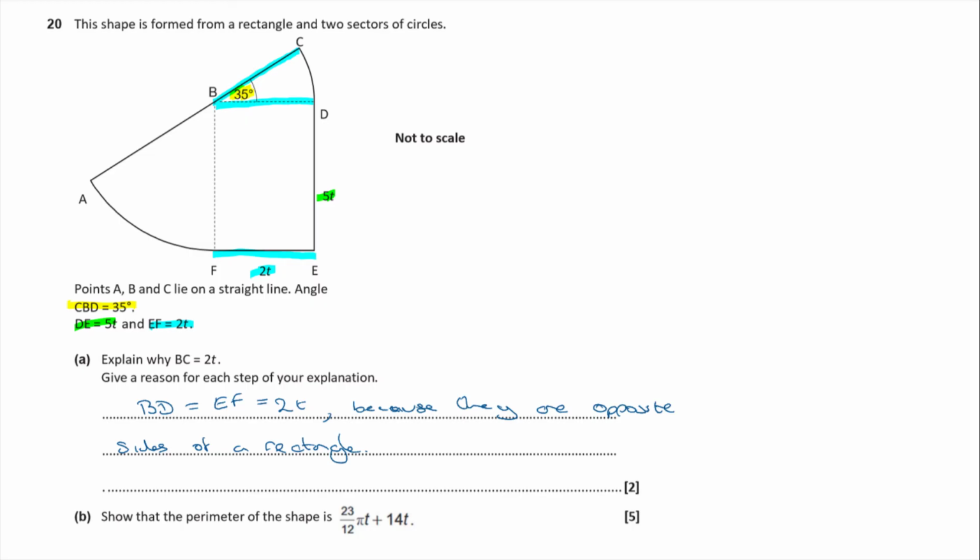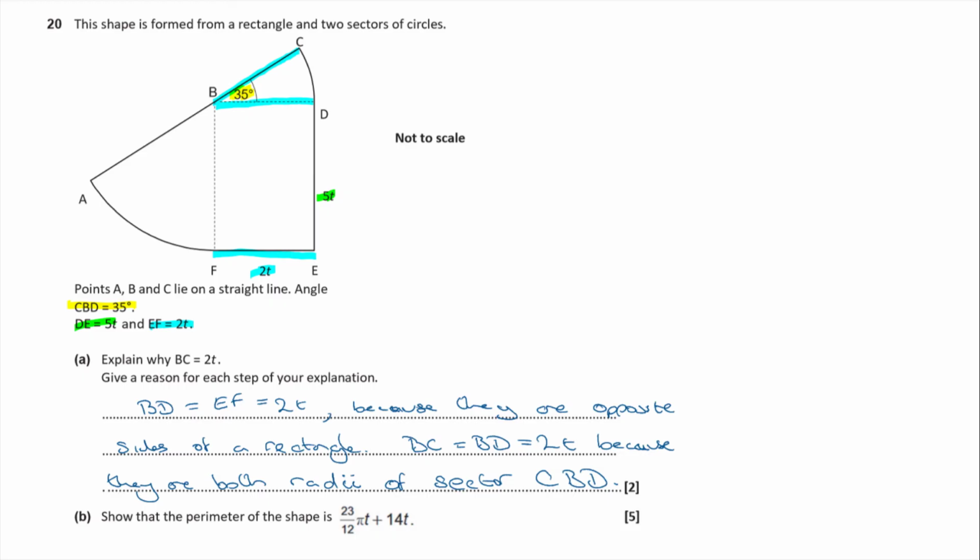And I can say that BC is equal to BD, which is equal to 2t, because they are both radii, it's the plural of radius, both radii of sector CBD. Okay, so they're my 2 marks. So just stringing those two thoughts together. And then part B says show the perimeter of the shape is 23 over 12 pi t plus 14t.